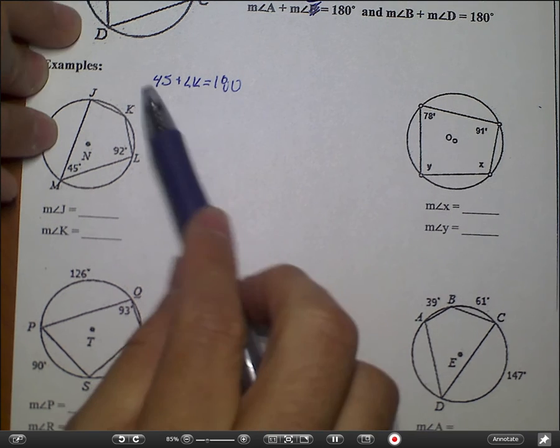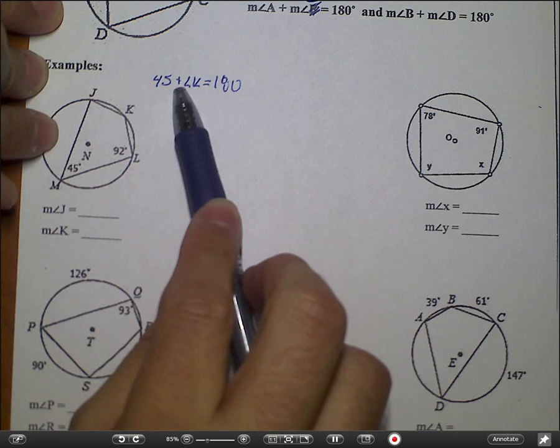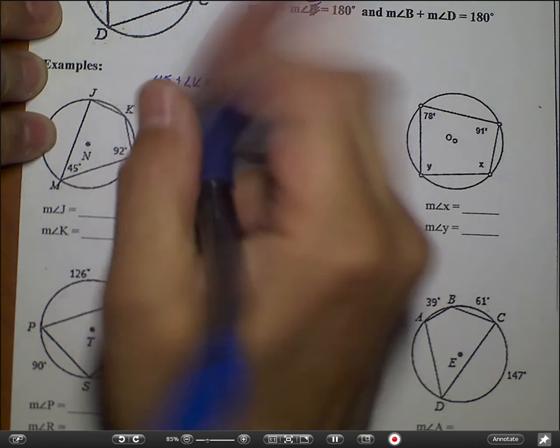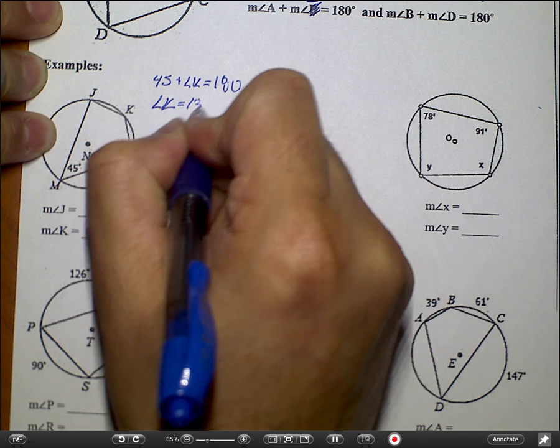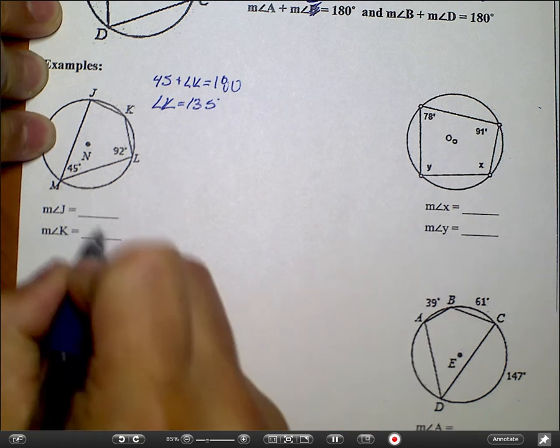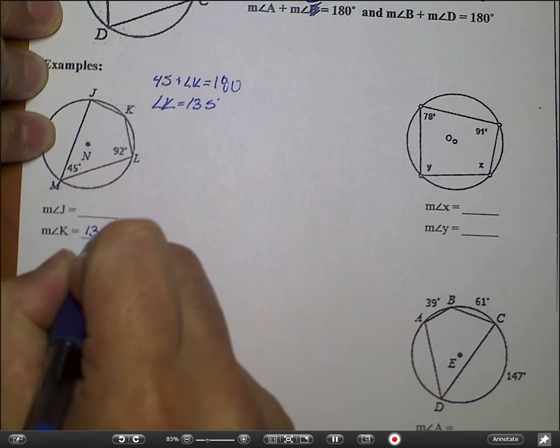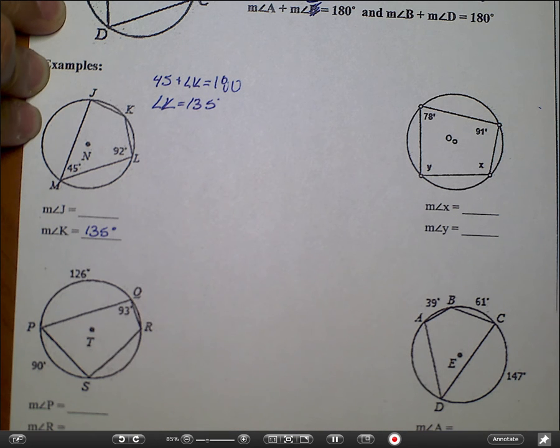All right, so let's look. Subtract 45 from both sides. So angle K equals 135 degrees. What angle is opposite L?